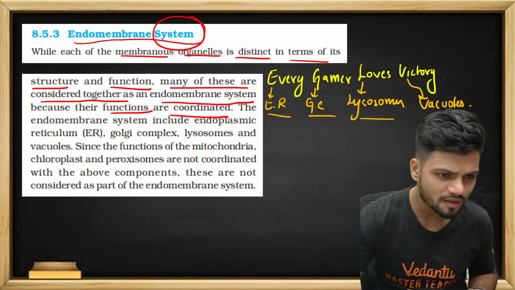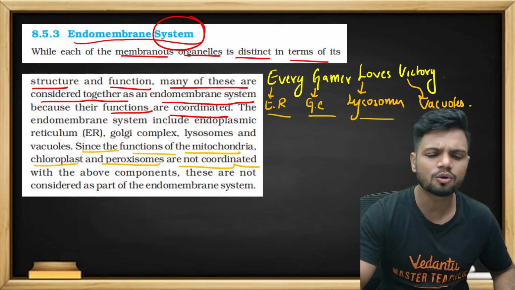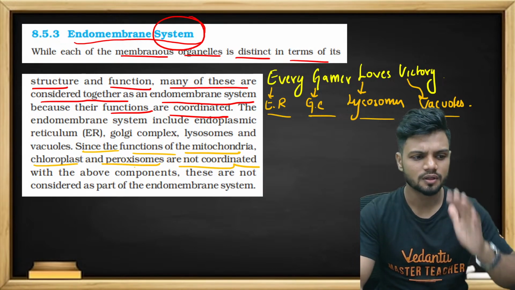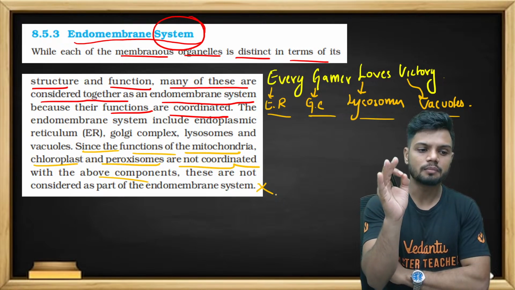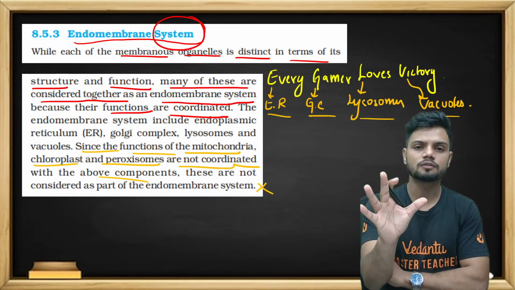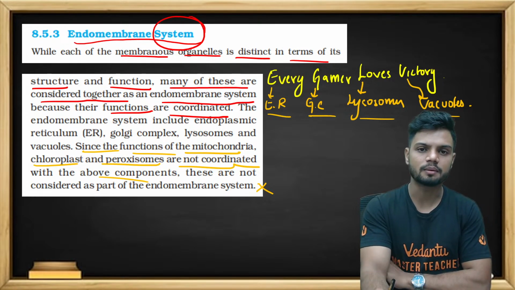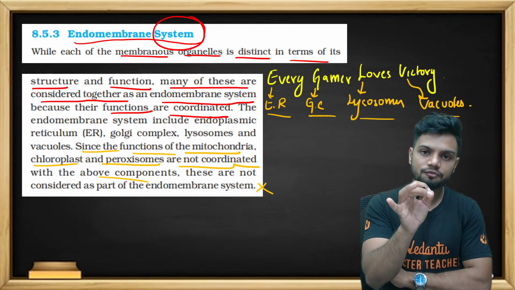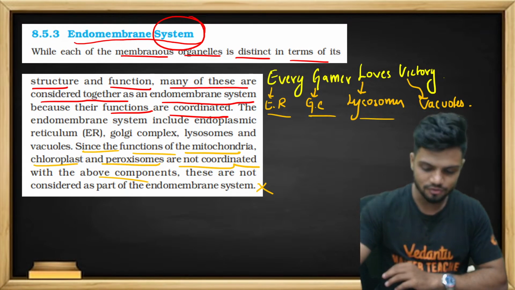Since the functions of mitochondria, chloroplast and peroxisomes are not coordinated at all, they are not a part of endomembrane system. Only these 4 organelles are part of endomembrane system. Why? Because their functions are coordinated. For example, in the class also you make some group.